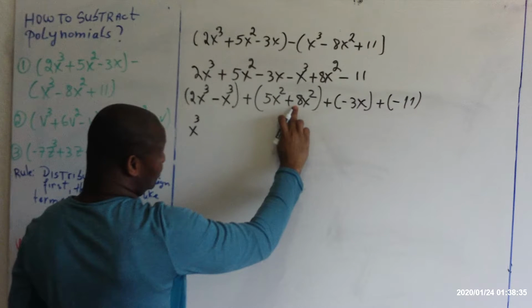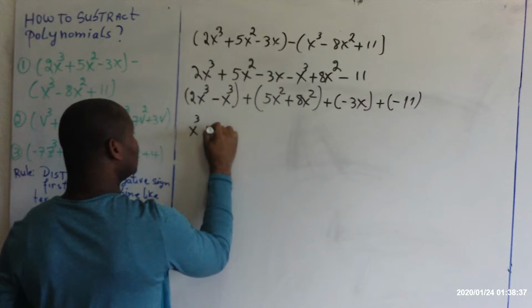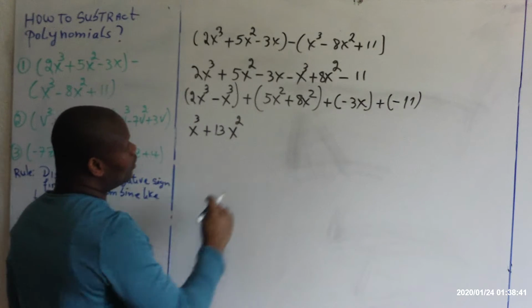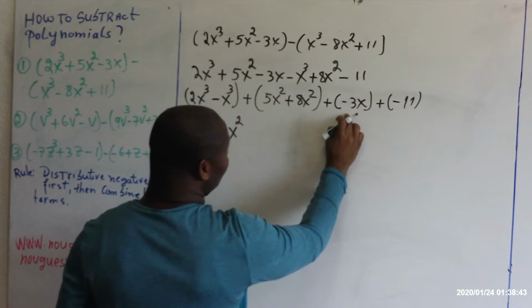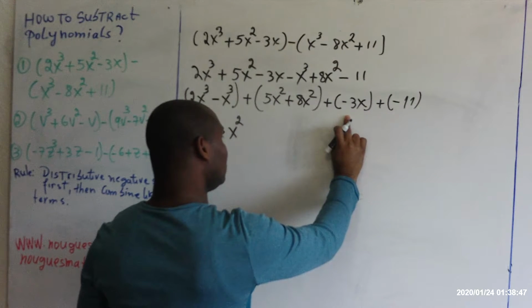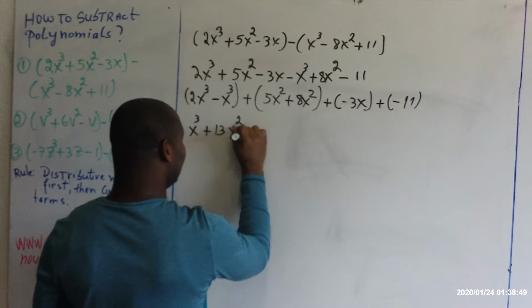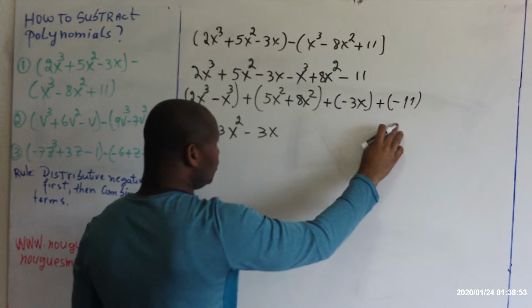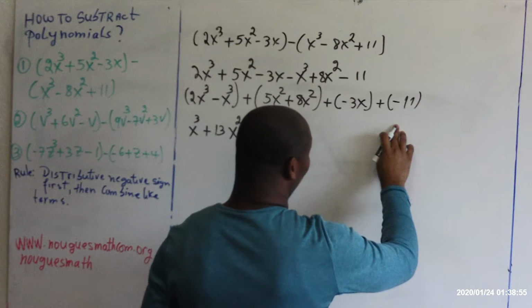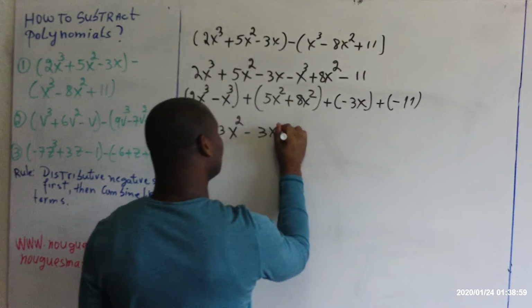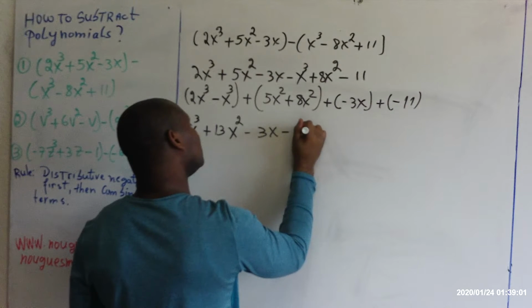That's going to be 13, so 13x squared. Okay, we're done with these two. Now we don't have many terms with x, only one term. Just write it down, negative 3x. We only have one number, which is negative 11. Just write it down, negative 11.